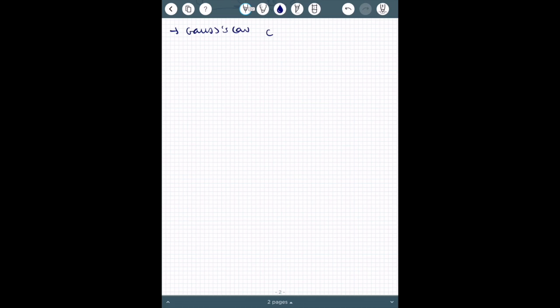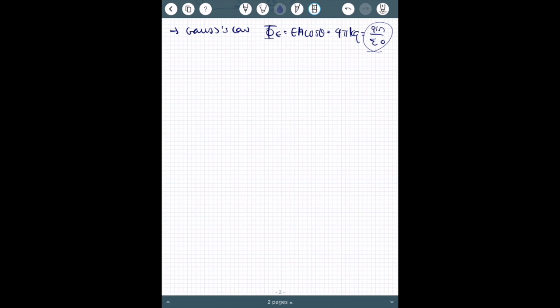Gauss's law, basically, I'm just going to write it in the most convenient form. Gauss's law really says that the flux equals the charge inside something over a constant, which is epsilon naught. It's a number. Let me see if I can find the number.